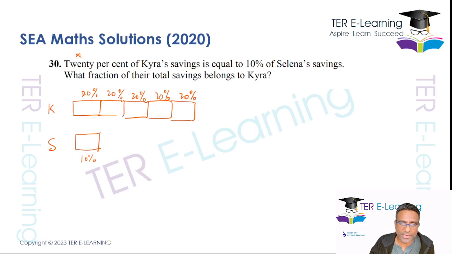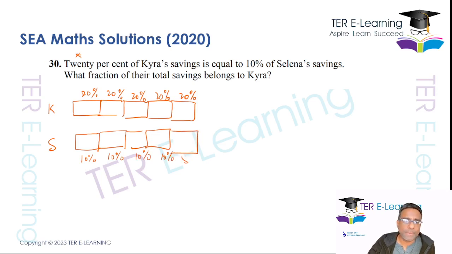So if we continue along this trend, this is going to be 10%, 10%, and so we keep going. Right, so I'm now at 50%. So we need to draw 5 more blocks here in order to make this make sense.